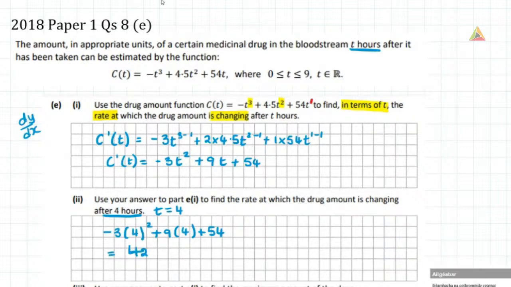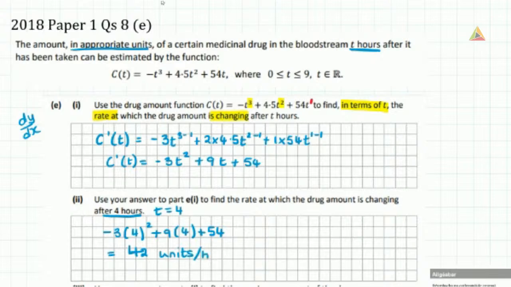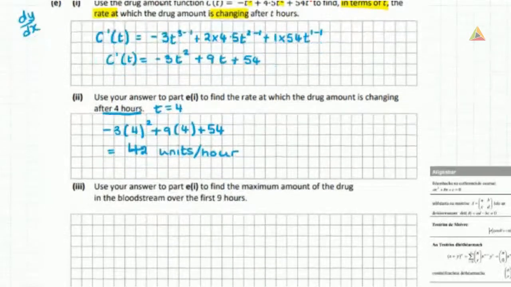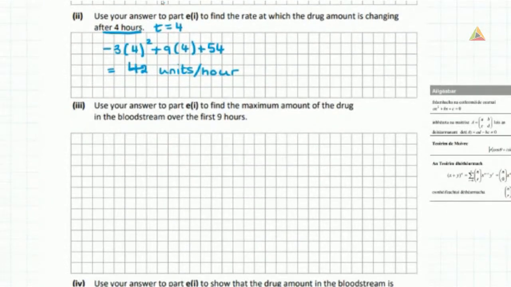And then we were told in appropriate units. So this is going to be units per hour. So our units are changing per hour. So units per hour. Part 3 says use your answer to part E, part 1 to find the maximum amount of the drug in the bloodstream over the first 9 hours.